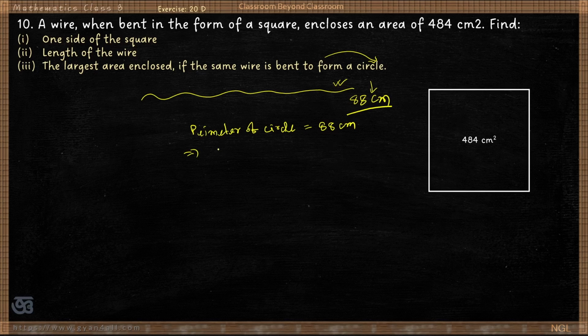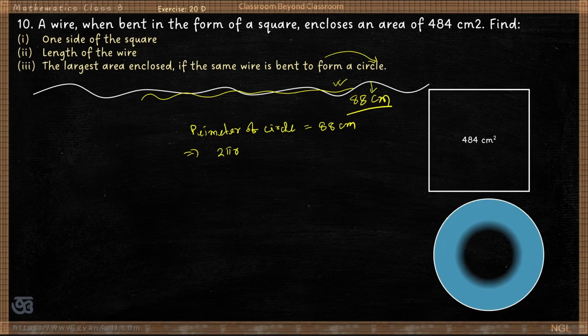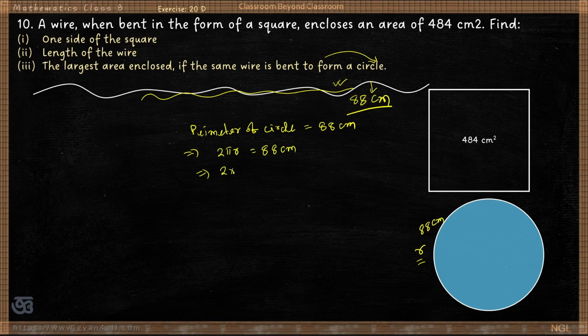and circumference of the circle is twice pi r. And suppose this is the circle with radius r, and its perimeter is 88 centimeter. So twice pi r is equal to 88 centimeter. Therefore, 2 into 22 divided by 7 into r is equal to 88 centimeter.